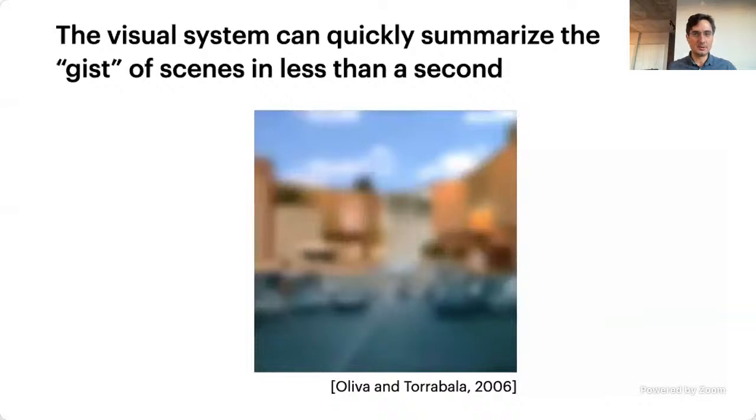Now, we know that the visual system can quickly summarize the gist of scenes, often in less than a second. So, for example, if I give you this image here, you've probably already concluded that this represents some sort of street in a city, even though the details are not really very clear.